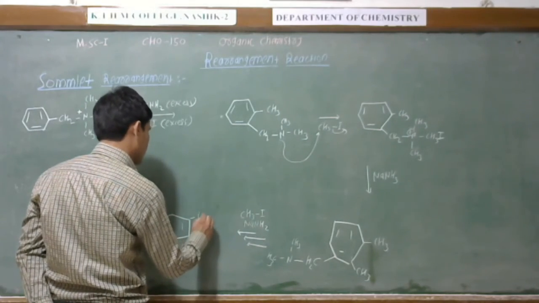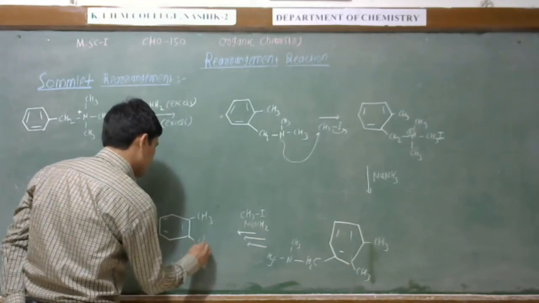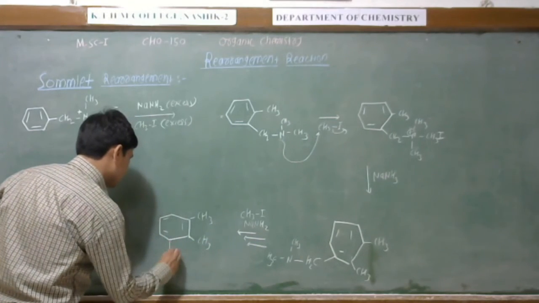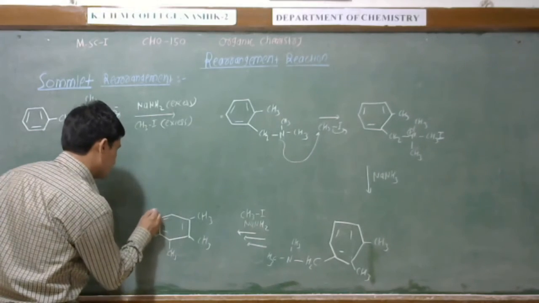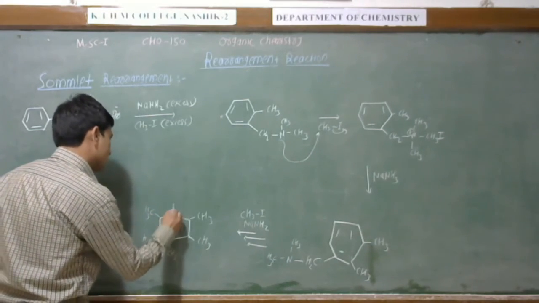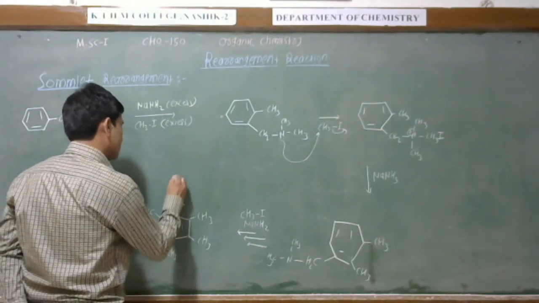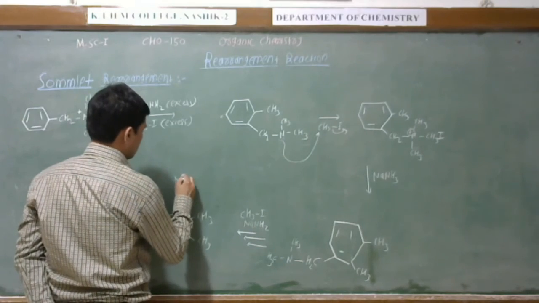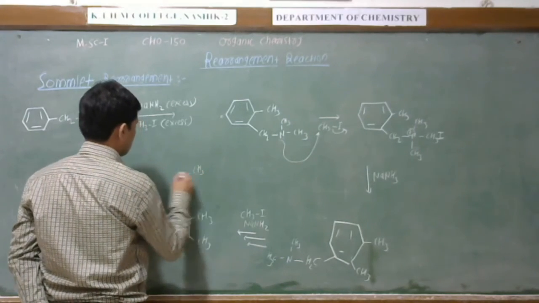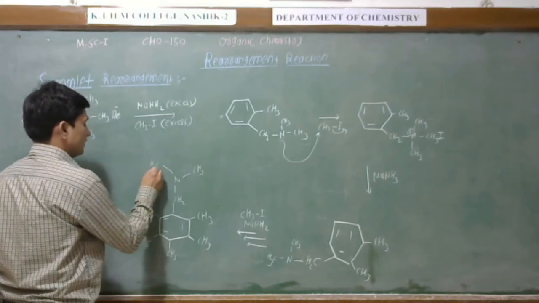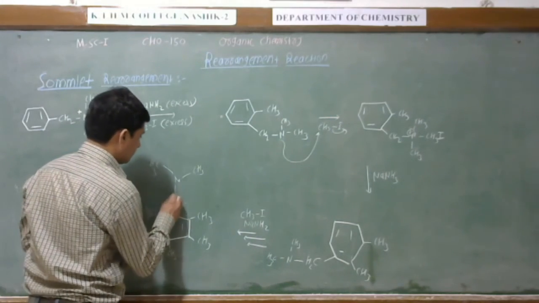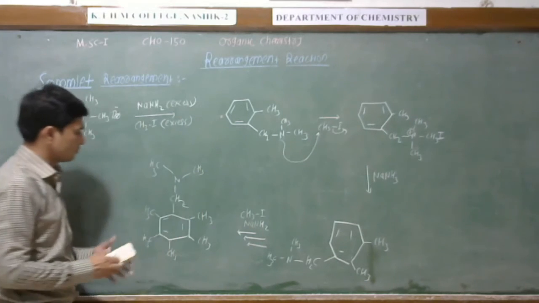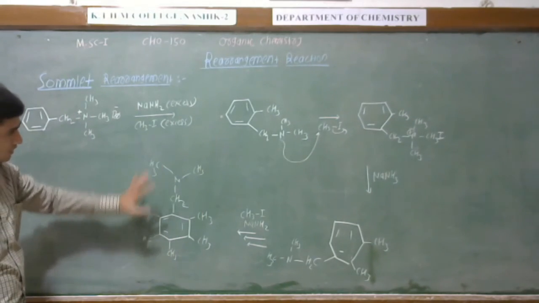So this is CH3, CH3, CH3, CH3, and CH3 here, this is CH2, this is nitrogen with one CH3 and another CH3. So this product will be formed. This is the tertiary amine.